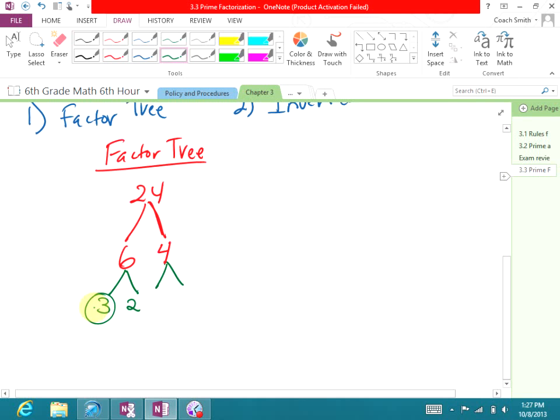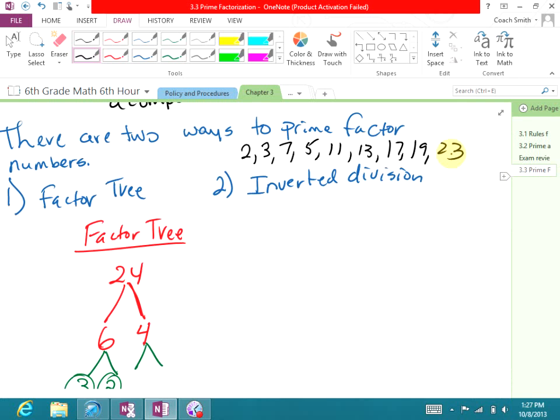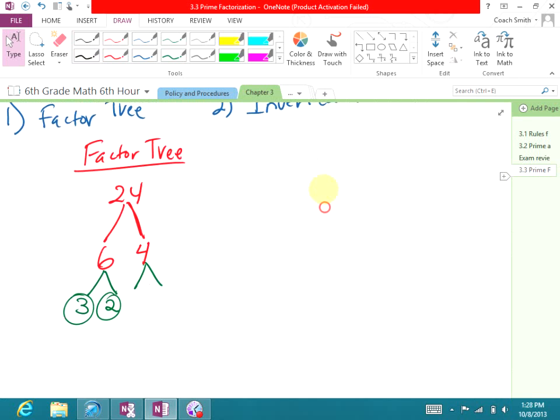Is 2 prime? We've got issues because you don't know the first few prime numbers. We covered this already. It is prime. Let's go back and think for a second. First few prime numbers are 2, 3, 5, 7, 11, 13, 17, 19, 23. Those are the first few prime numbers that we covered a week ago. Actually, I think it's been closer to a week and a half ago.